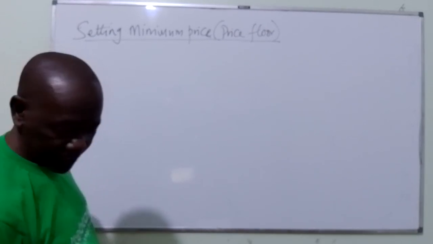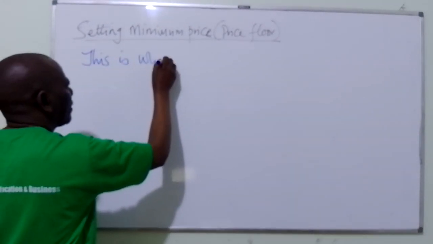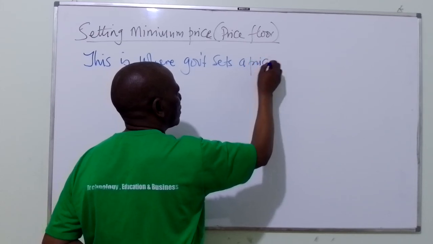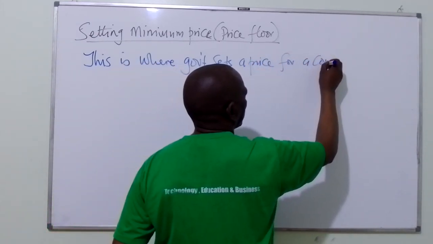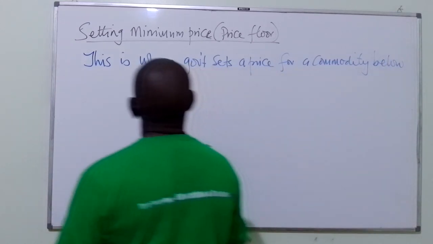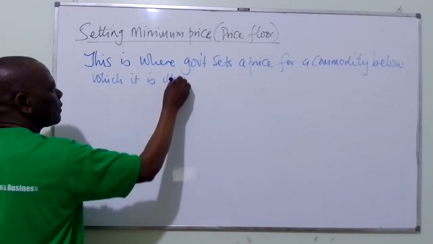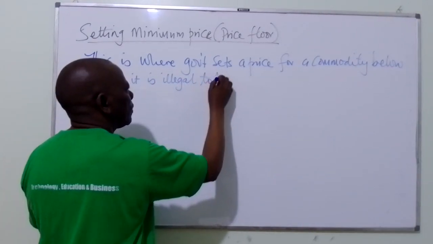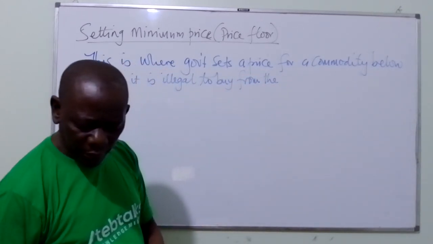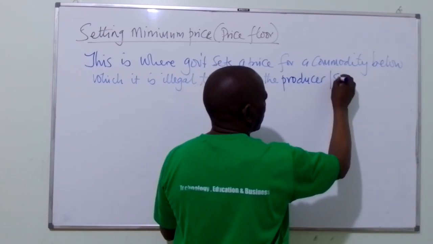So, setting minimum price. What is minimum price? You say this is where government sets a price for a commodity below which it is illegal to buy from the producer, stroke seller.